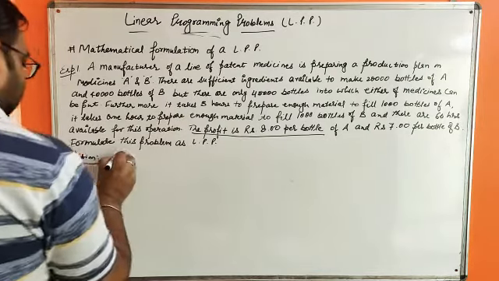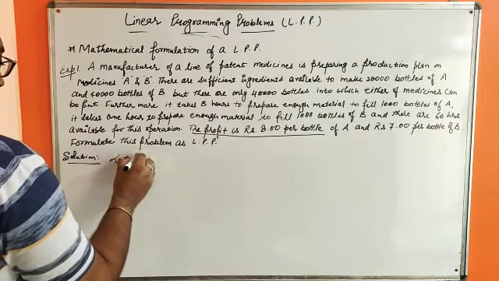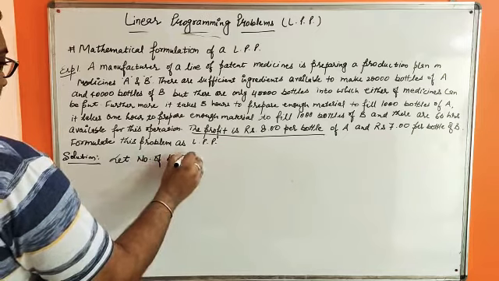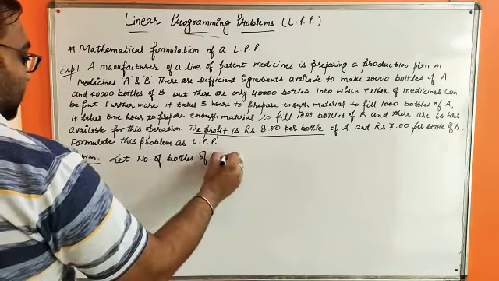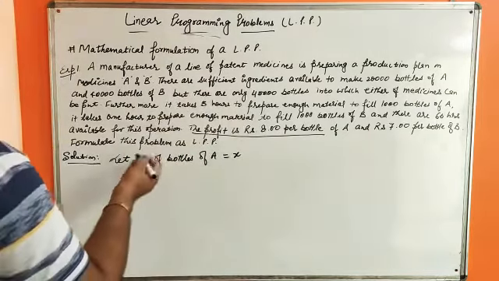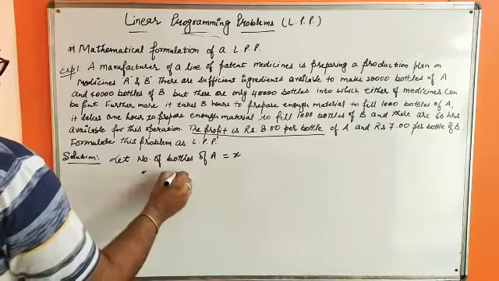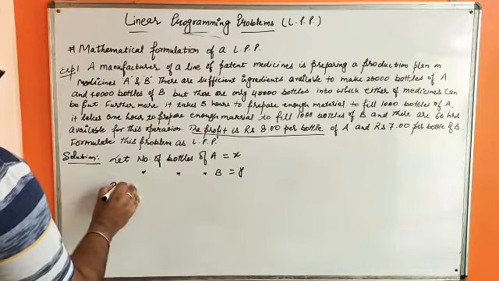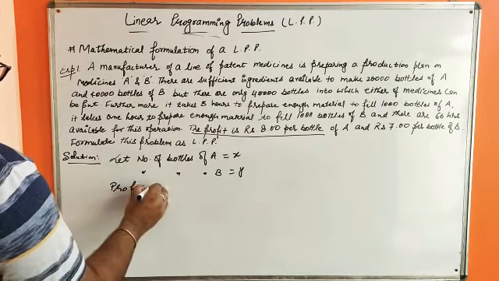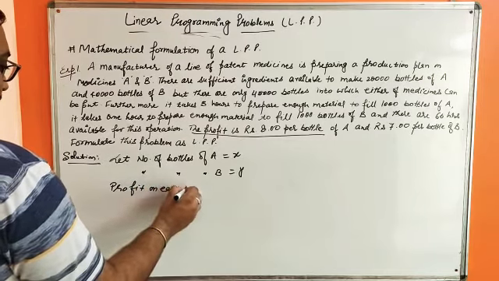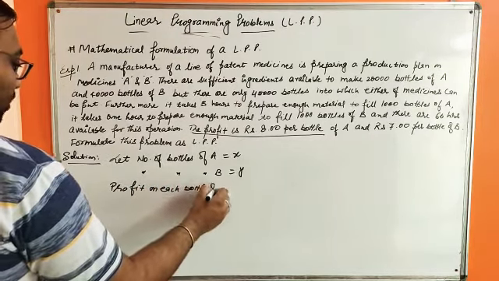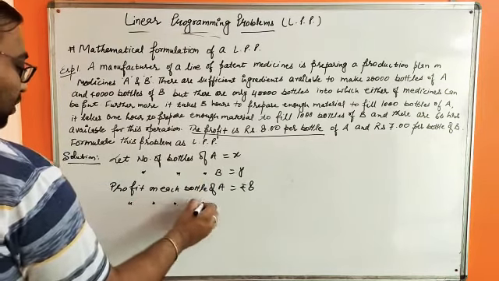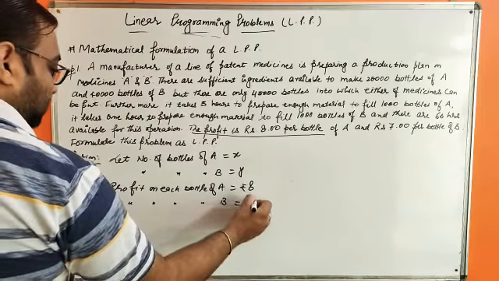So for this, set the number of bottles of A equal to X and the number of bottles of B equal to Y. Then the profit on each bottle of A is rupees 8 and the profit on each bottle of B is rupees 7.